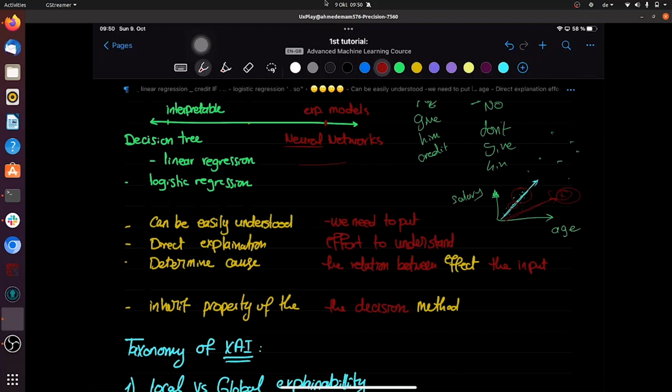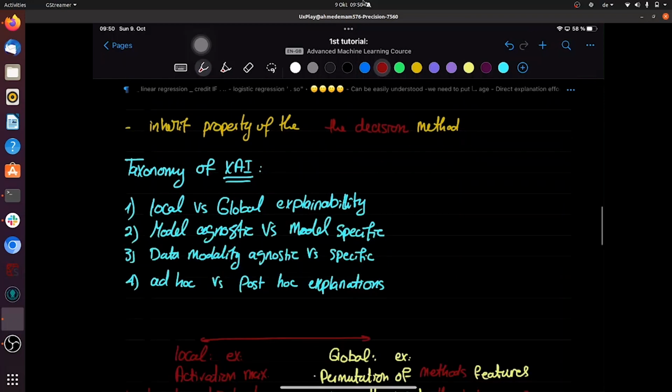On the other hand, explainable models are the models which need effort to be understood, and they're not inherently clear. So we need to put effort, and integrate them with other methods, to understand the decision-taking mechanism behind these models or algorithms.